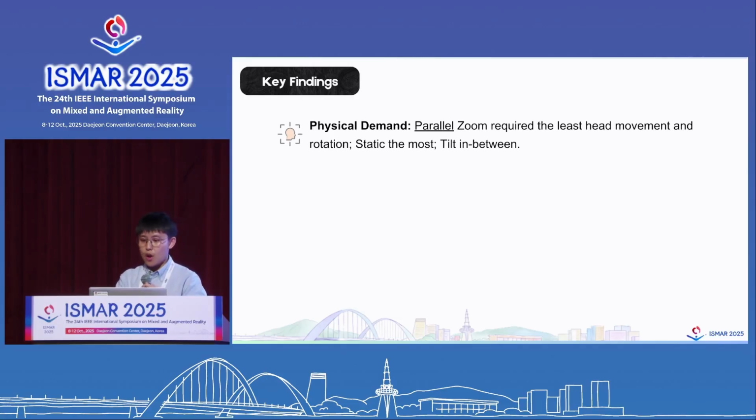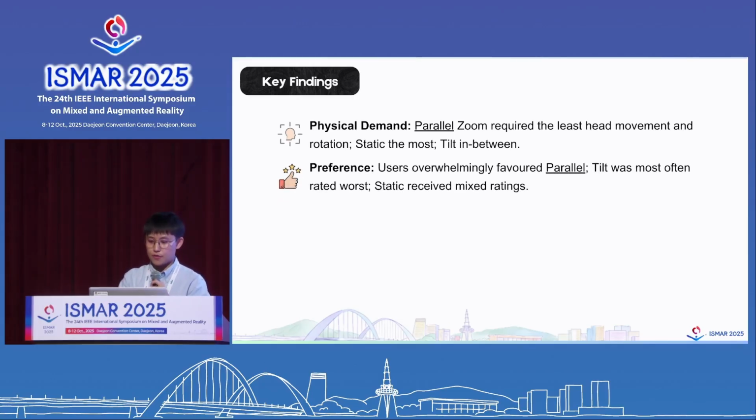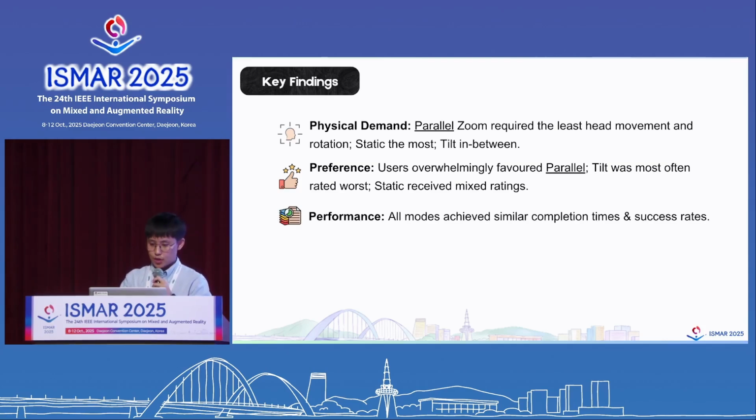And second, when we look at user preference, participants clearly prefer the parallel mode, and tilt was most often rated as the least preferred, while the static received a mix of opinions. And third, performance. All those 3 modes show similar completion times and success rates, which means they are equally effective for the visual search task.